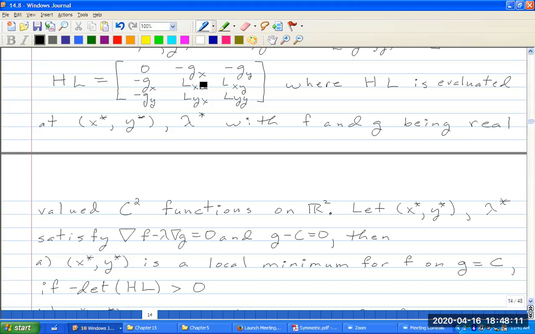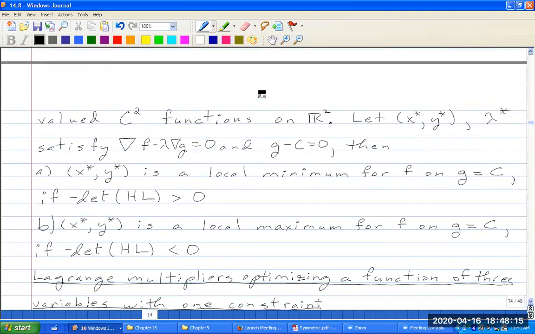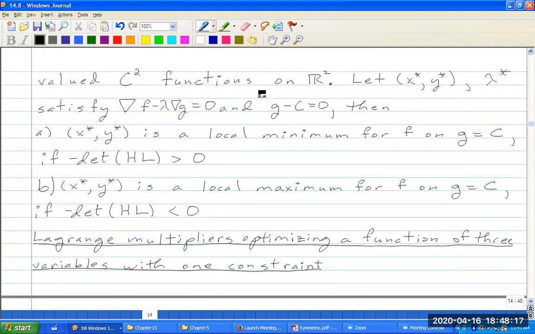And this is the HL right here, this bordered Hessian matrix. X star, Y star is a local maximum for F on the level set G equaling C if minus the determinant of HL is less than 0.